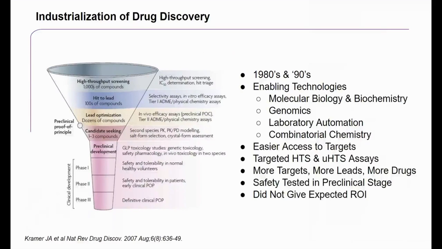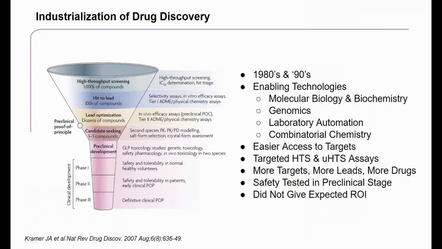So one of the things that's very important to know is that in the 80s and 90s, there was a large push towards the industrialization of drug discovery. And so there were a number of enabling technologies that came together to allow for this. One was the availability of modern molecular biology and biochemistry techniques, also genome and gene sequencing.